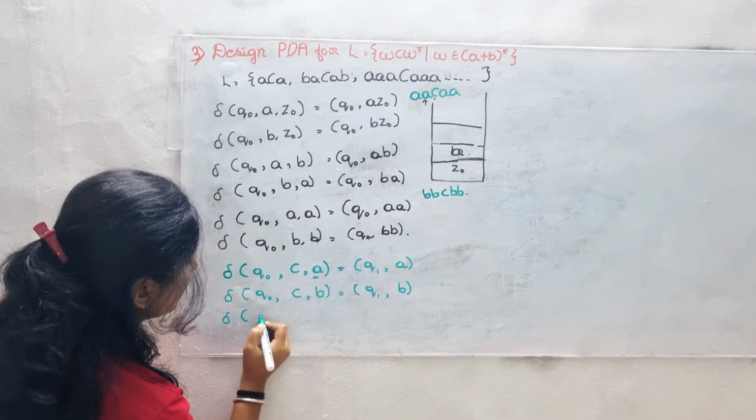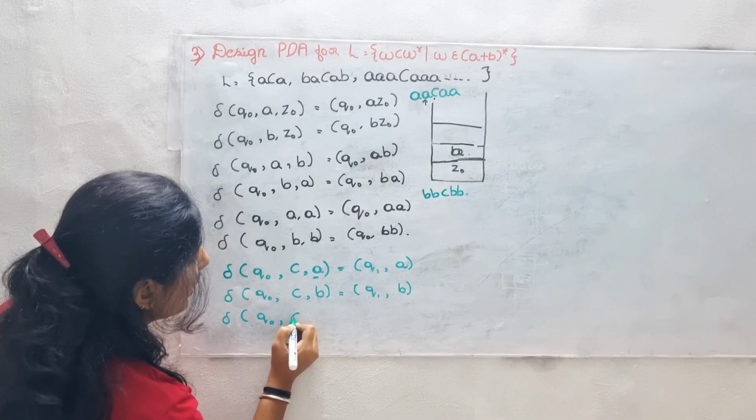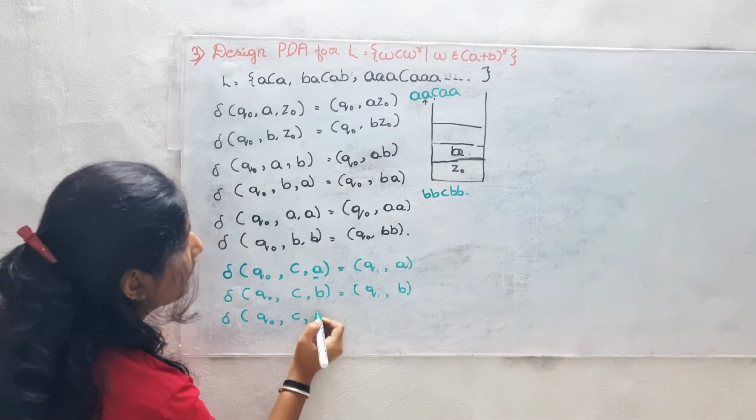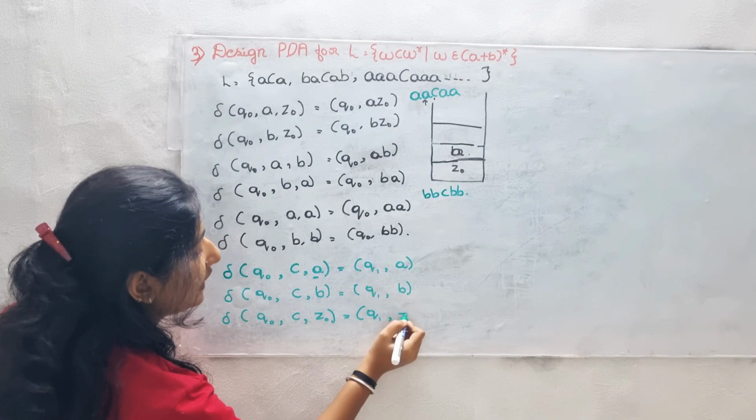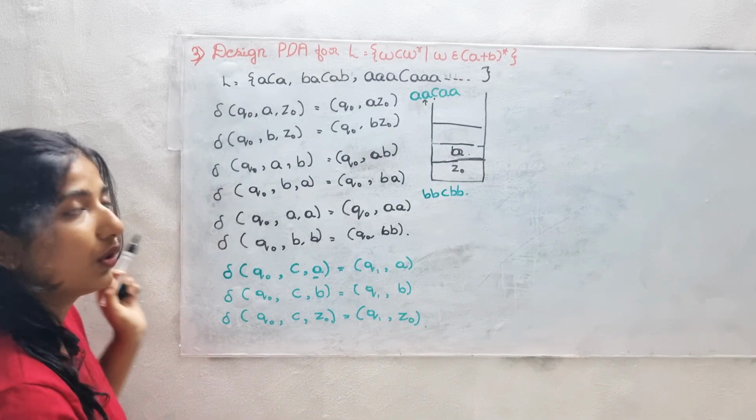And if I am in state Q0 and I got input symbol C and the top is Z0, then also the same: Q1, and the top will be Z0 only.